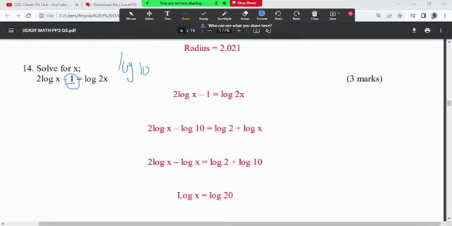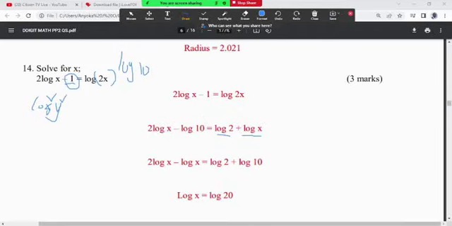So we have 2 log x minus log 10. This equals log 2 plus log x. This one is just a single term. So when we are using the first law of logarithm, the logarithm of xy, we always say it is the logarithm of x plus the logarithm of y.